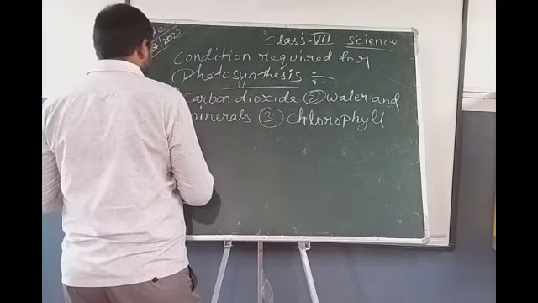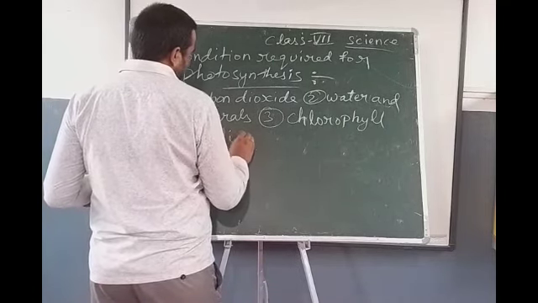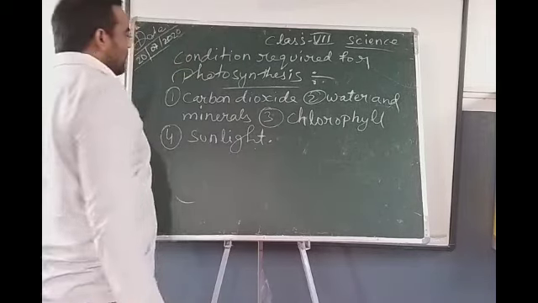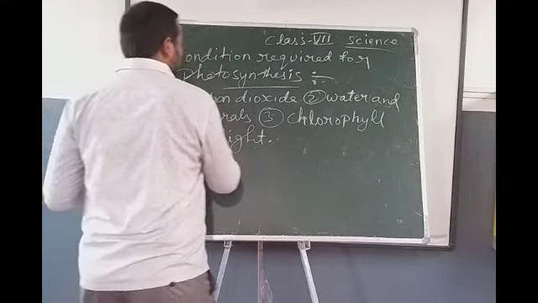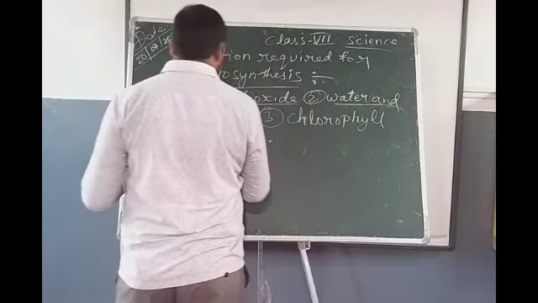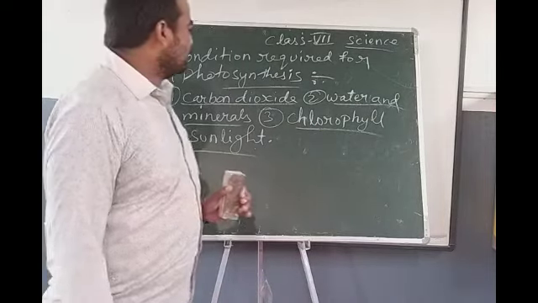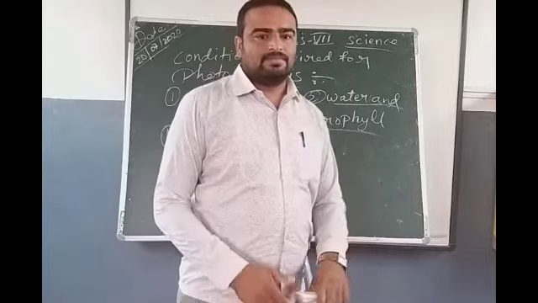And fourth one is sunlight. One by one, we will discuss these points: carbon dioxide, water and minerals, chlorophyll and sunlight. What are the roles of these elements in photosynthesis?